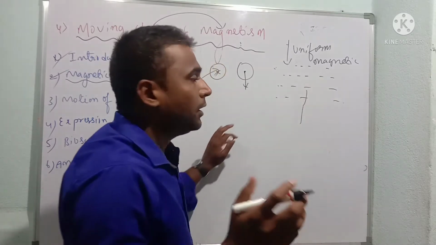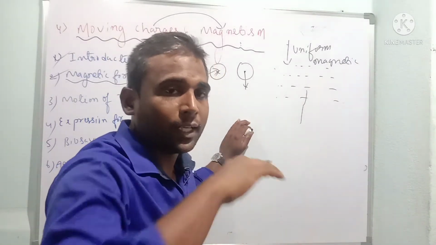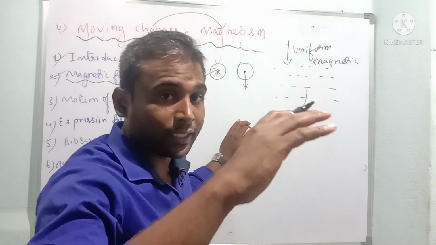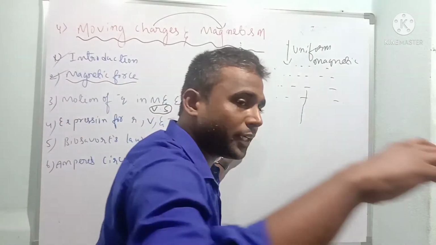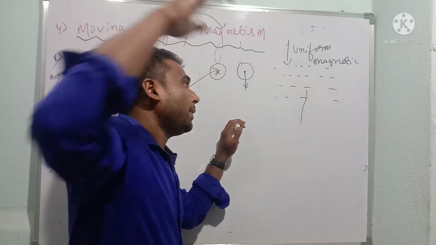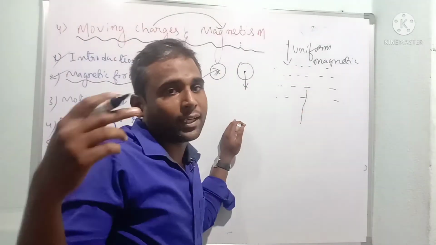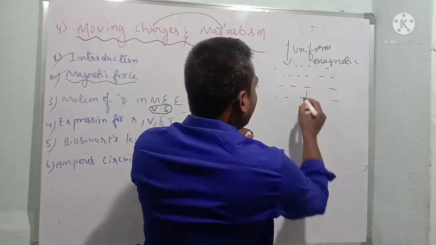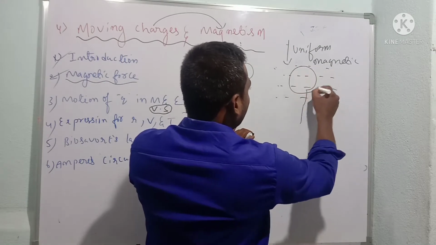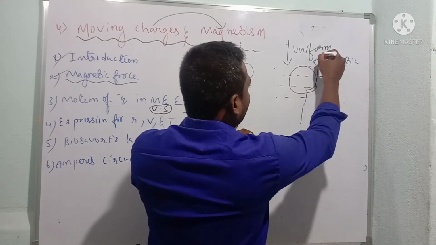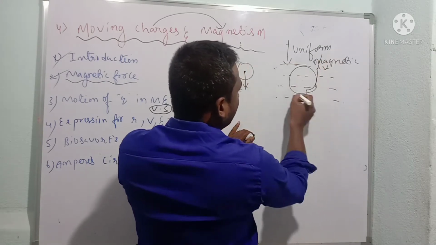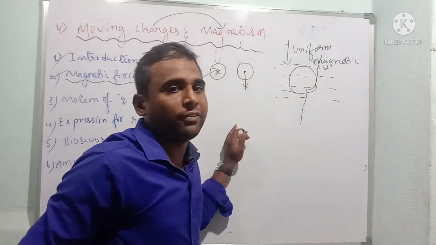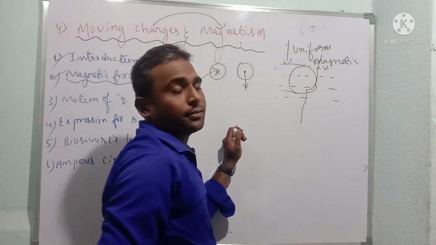When they move along the direction of the magnetic field, they go straight, and perpendicular means a circular path. Charged particles will be moving like this, and we can find a tangential force along these particles.